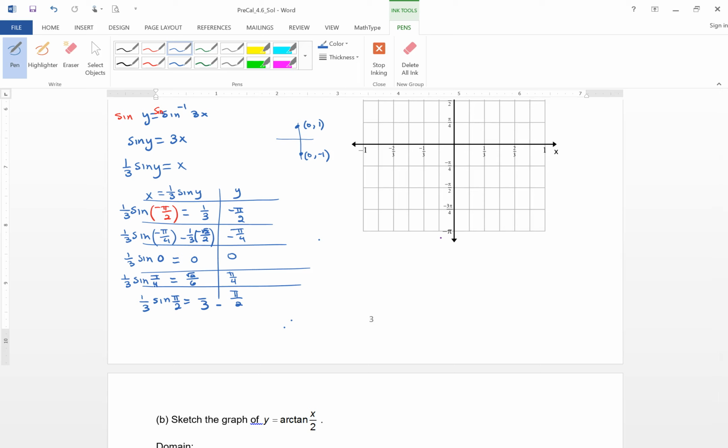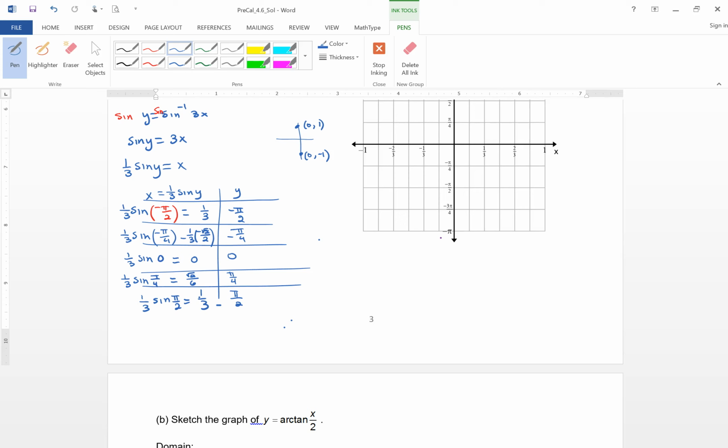But it's 1 over 3 times that. So it's 1 over 3 times sine of pi over 4, which is root 2 over 2. So that gives you root 2 over 6. All right? Makes sense? Negative root 2 over 6, positive root 2 over 6.